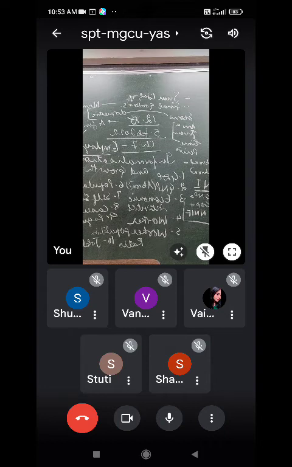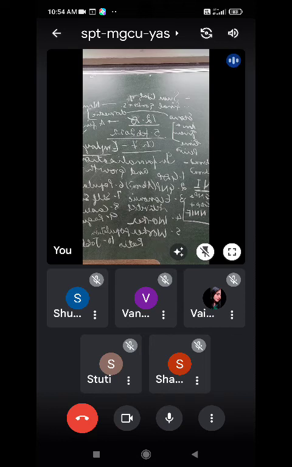Next, sixth, population is defined as the total number of people who reside in a particular locality at a particular point of time.